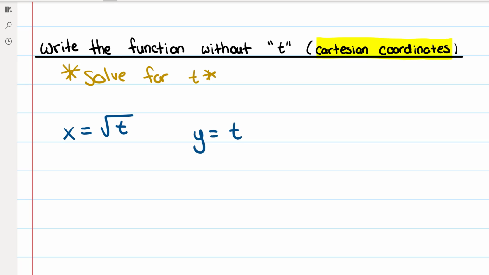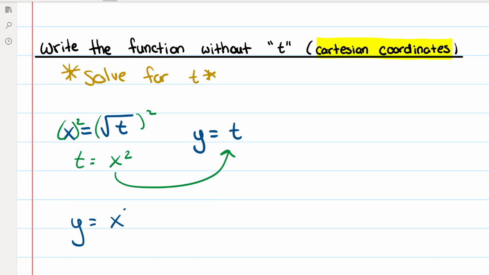Now all we need to do is get t by itself over here. So I square both sides, and I get t equals x squared. I replace this t with x squared, and it becomes y equals x squared, where x is greater than or equal to 0 because of this constraint here, because x is always positive.